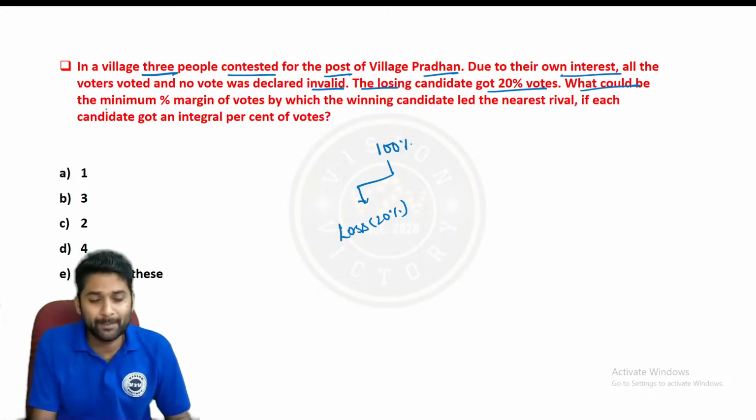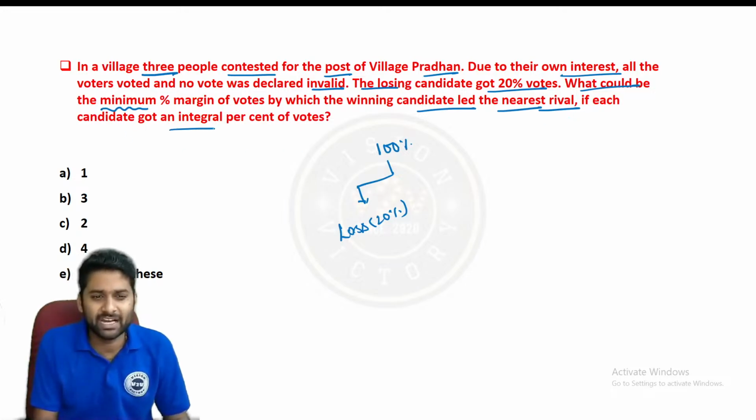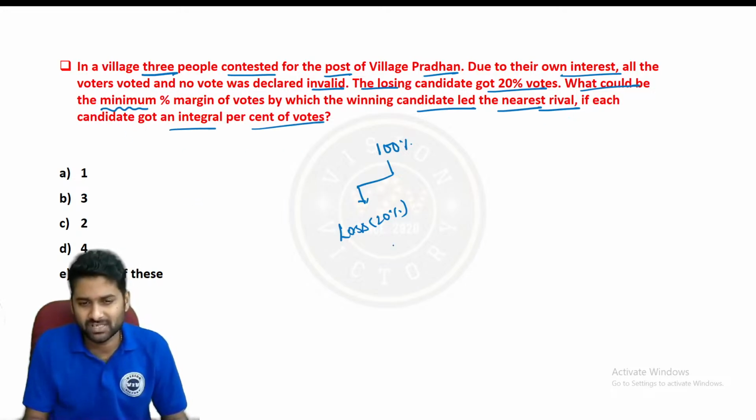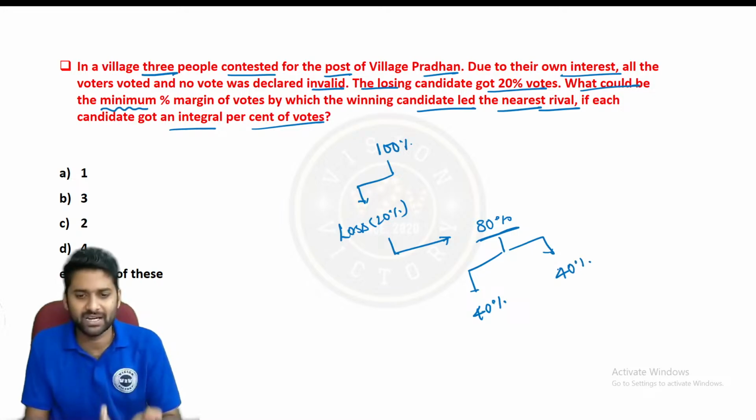Now, what would be the minimum percentage of margin of votes by which the winning candidate leads the nearest rival if each candidate got an integral percentage of votes? Now, see, after 20 percent, how much vote percentage is left? 80 percent. Guys, if you divide it equally, one candidate gets 40 percent and the other gets 40 percent, we can't decide the winner.